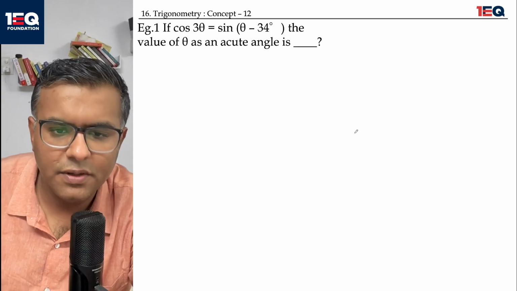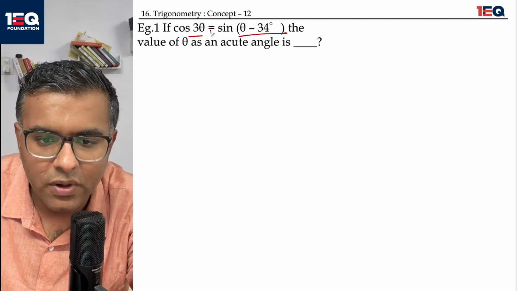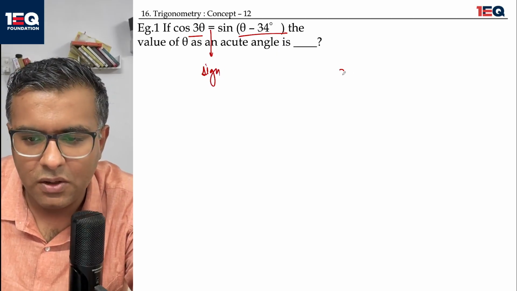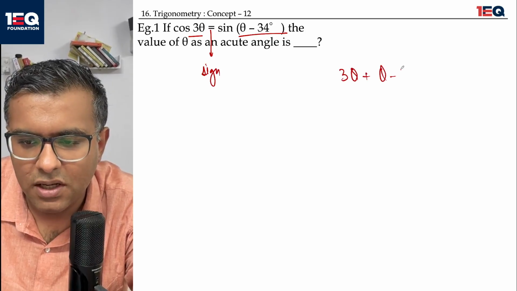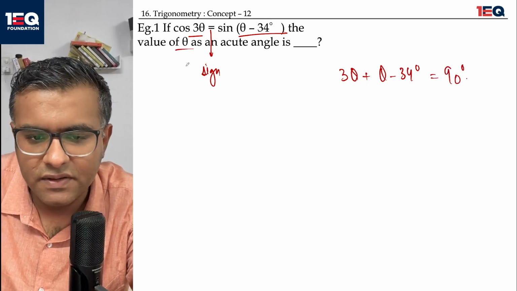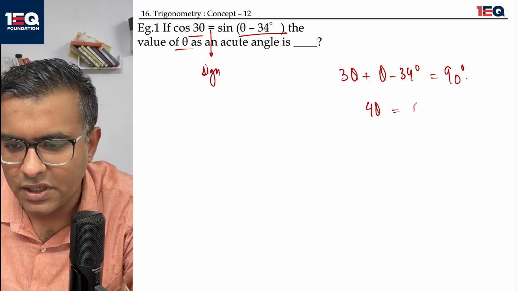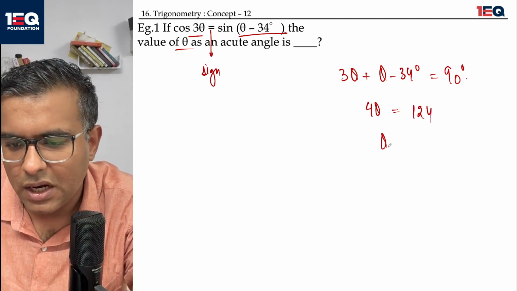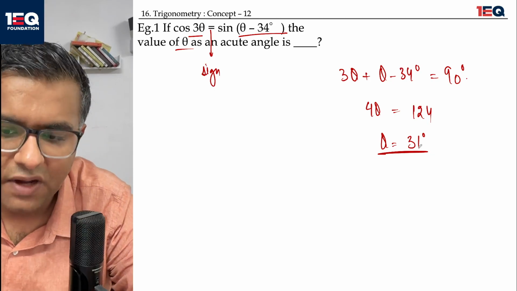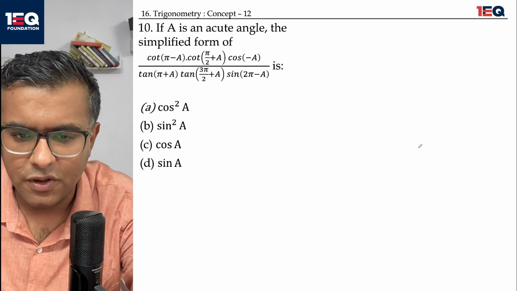Moving forward, when I have cos equal to sine, and I have cos and sine on both the sides, then I know that 3 theta plus theta minus 34 degrees is going to add up to 90 degrees. I need to know the value of theta. 3 theta and theta is equal to 4 theta, and minus would go there. This would create a 124, and the value of theta is going to be 31 degrees. Good enough? Let's move on.